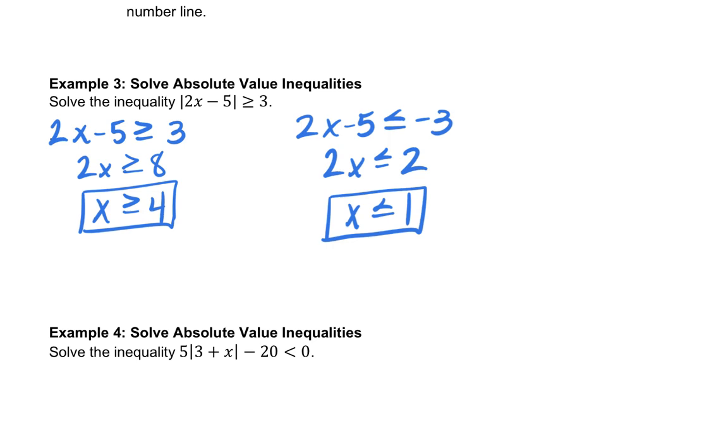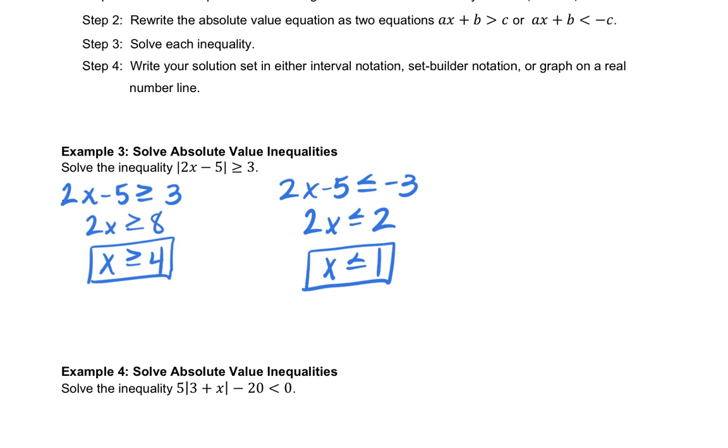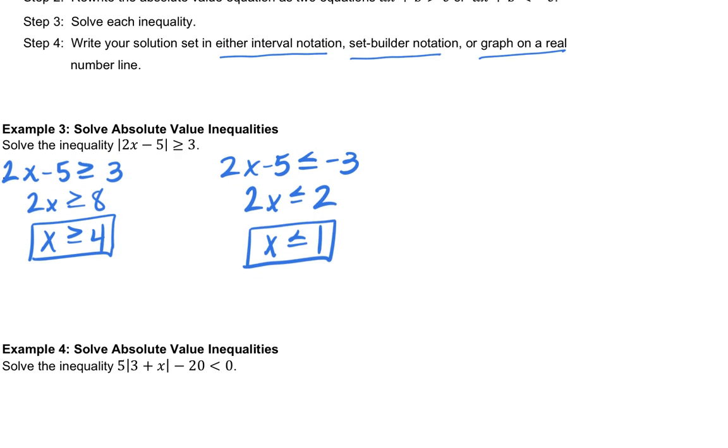So now what does that look like? Because it says to write your solution in either interval notation, set builder notation, or graph. So I'm going to show you the graph. So you've got your positive and your negative sides.